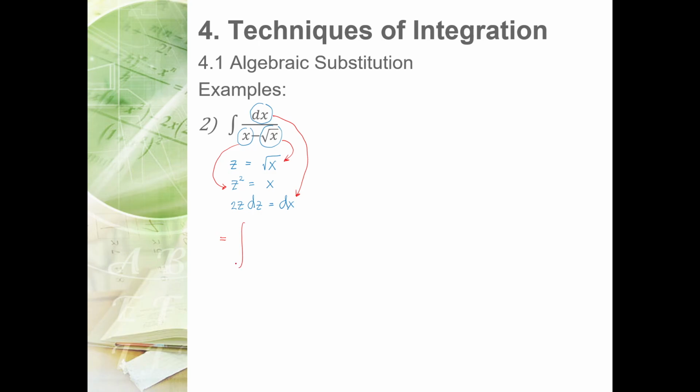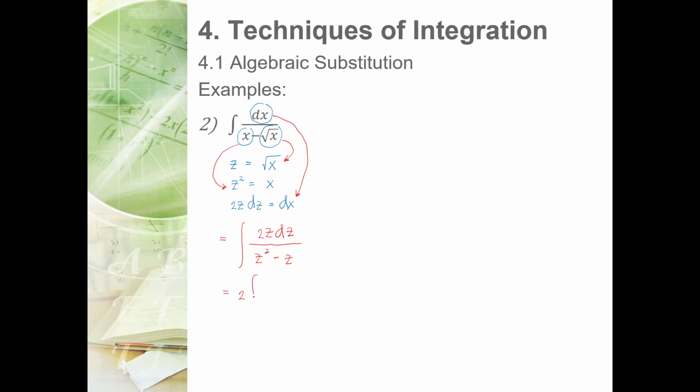So you're going to have in the numerator now 2z dz. Then the denominator would give us z squared minus z. Taking out the radical expression, we can factor out 1z in the denominator.